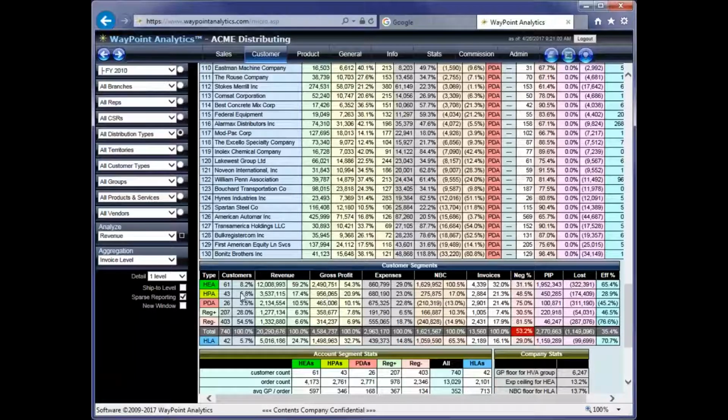But what these categories are, these are the high leverage accounts, the blue ones. And these 42 accounts actually represent $1 million of NBC in the company that only has 1.6 million. And these accounts, like I said, you want to go after for penetration programs. High efficiency accounts, it's 8.2% of the customer base, represents 1.6 million in a company that only has 1.6 million in the bottom line.